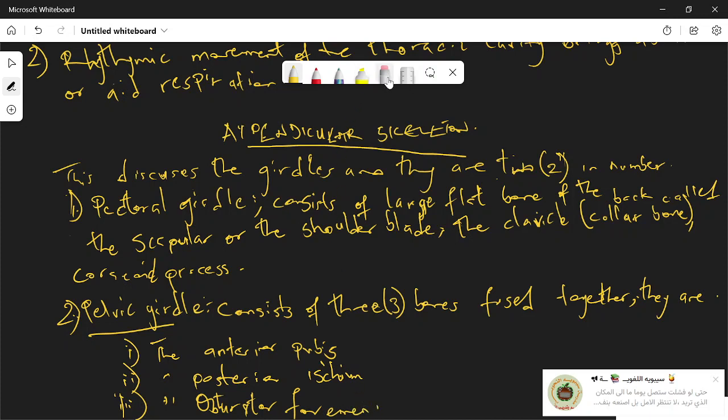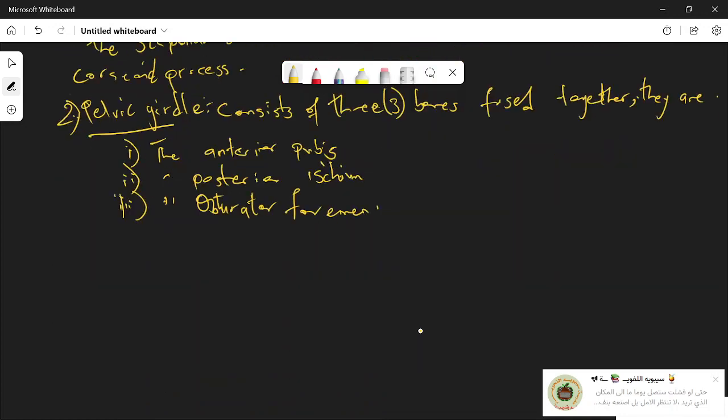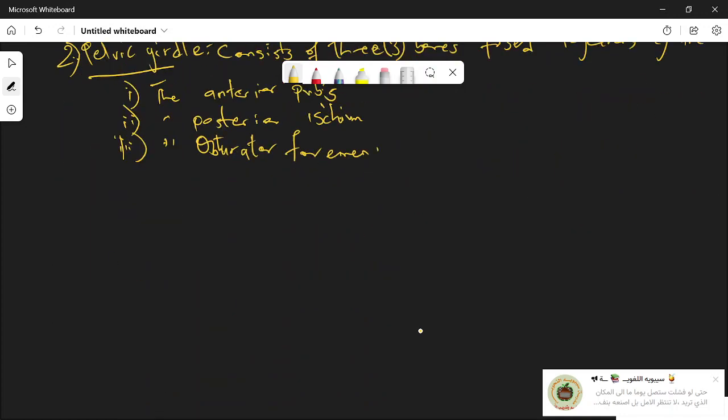So these are the bones of the pelvic girdle that are fused together.